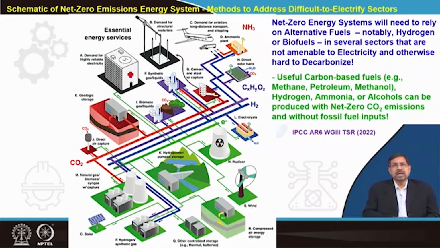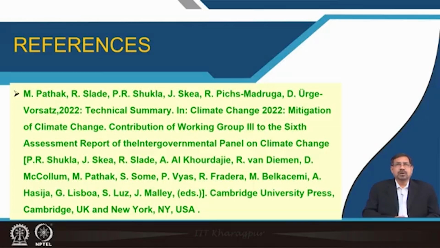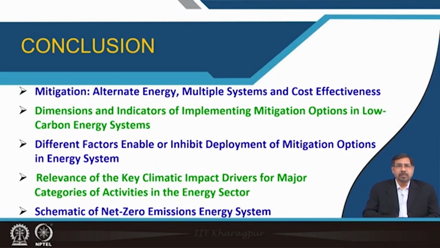This linkage and interlinkage will lead to achievement of the net zero emission target, both by individual nations and thereby the globe. We have taken help of this literature, the Working Group 3 report and the relevant chapter on energy, to prepare these slides. Please refer to this to learn more.